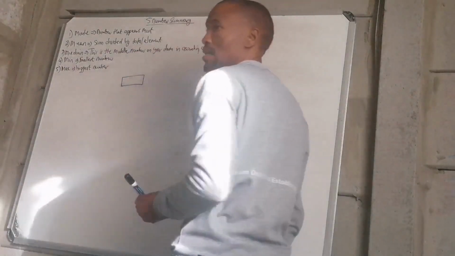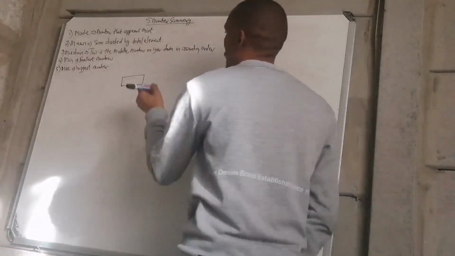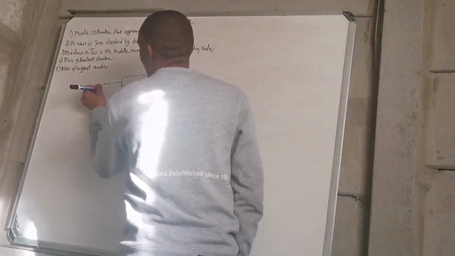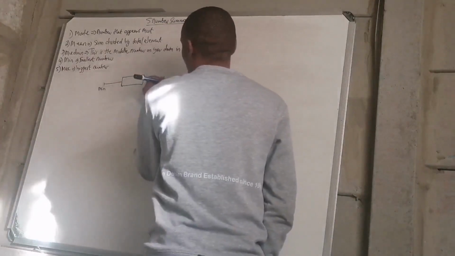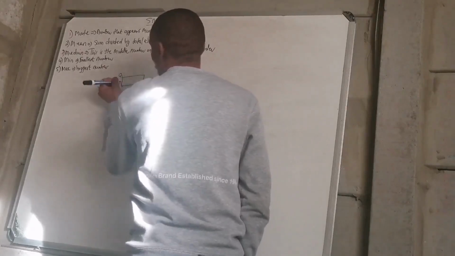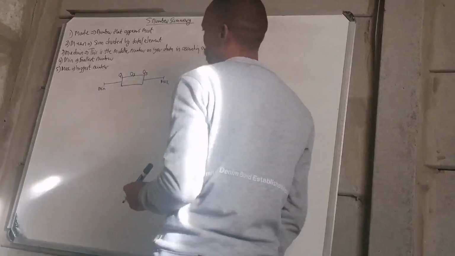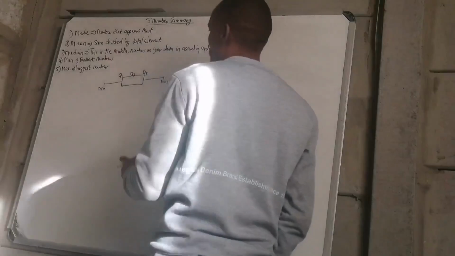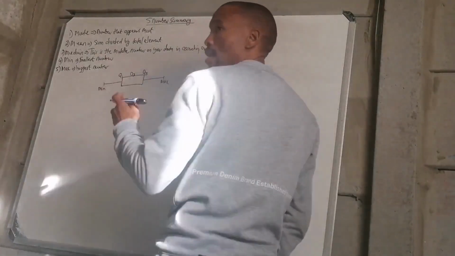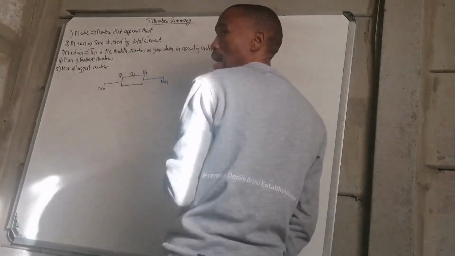The five numbers represent what we call the box and whisker diagram: the minimum number, the maximum number, Q1, Q2, Q3. This is what we call the five number summary: minimum, maximum, Q1 the lower quartile, the median.